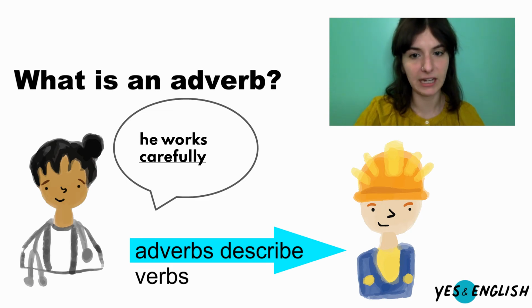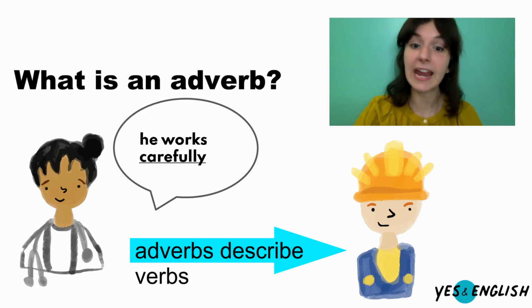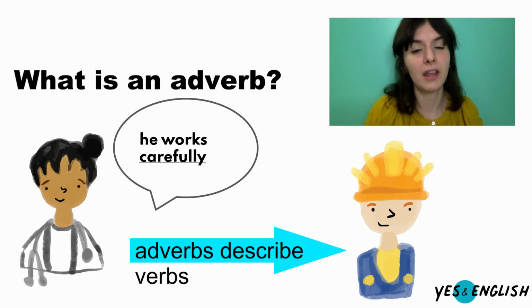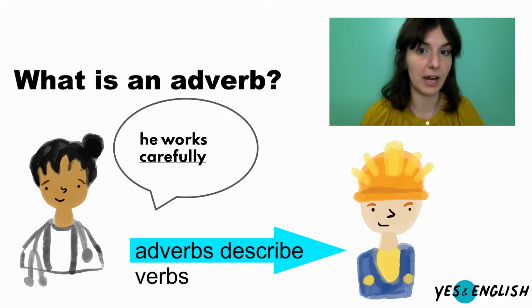So you have to be careful because there are many exceptions to this in English, and it can get confusing sometimes because there are also some adjectives that end in ly, and they can't be used in a sentence the same way because they have different jobs, right? Adjectives describe nouns and adverbs describe verbs, so you can't replace them.